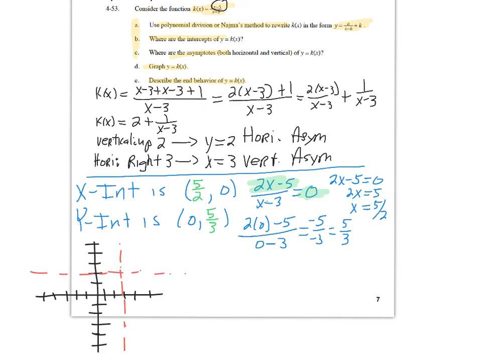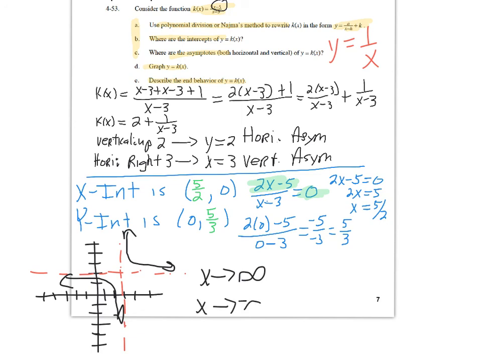Now it's just a transformation of the equation y equaling 1 over x, so my graph is going to look something similar to that. And for the end behavior, as x goes to positive infinity or negative infinity, y is going to go to that horizontal asymptote of 2. y goes to 2.